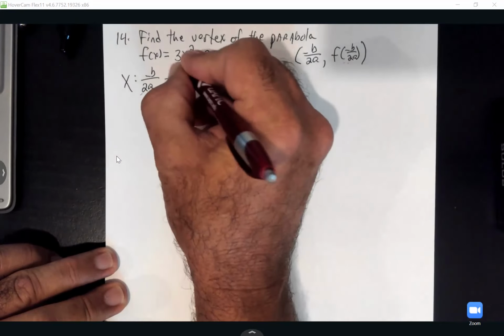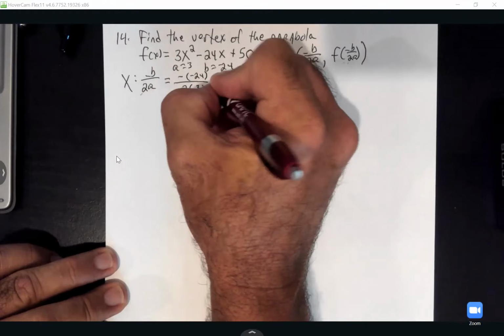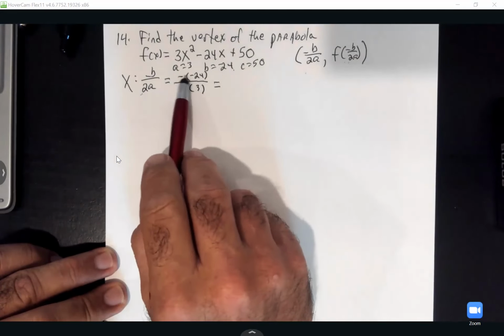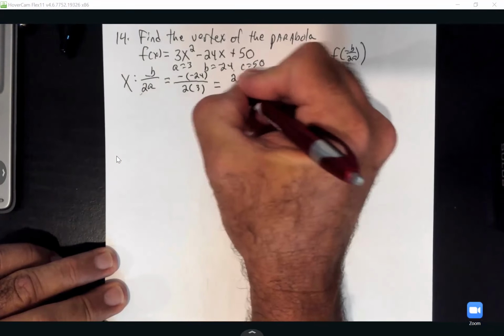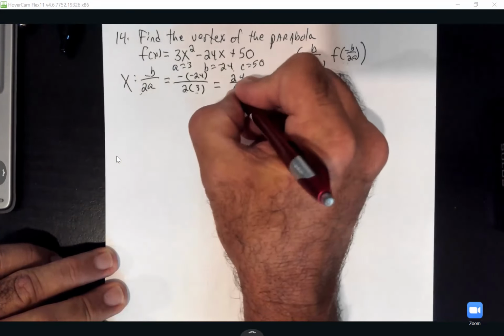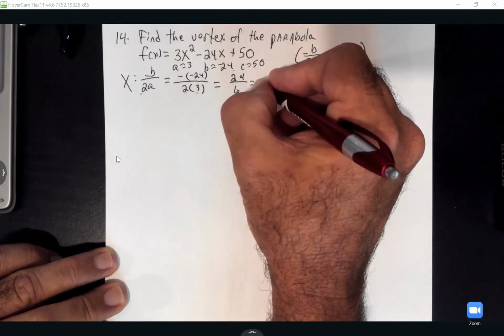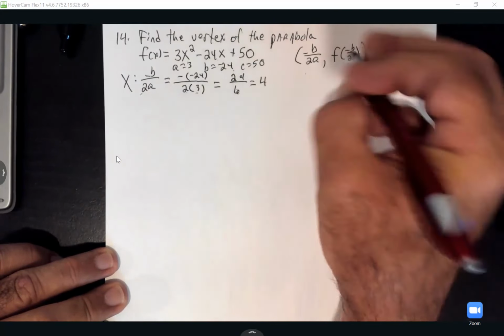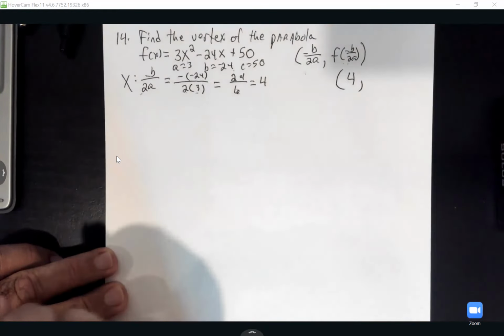All of that over 2 times my a, which is 3. So once again, the two negatives will make that a positive 24. 2 times 3 gives me 6. And y'all, 24 divided by 6 gives me what, a 4? So I know the x value is 4.